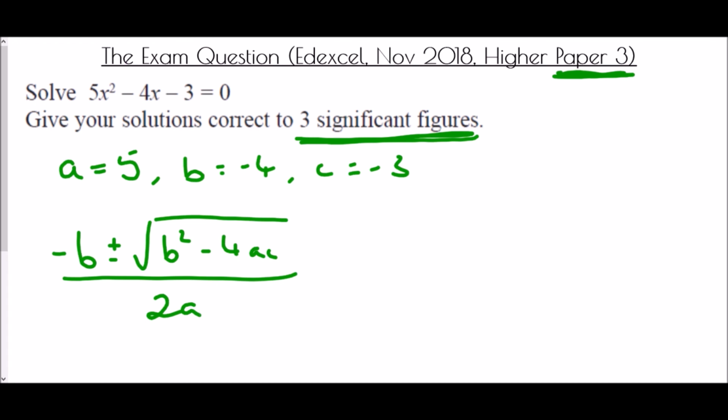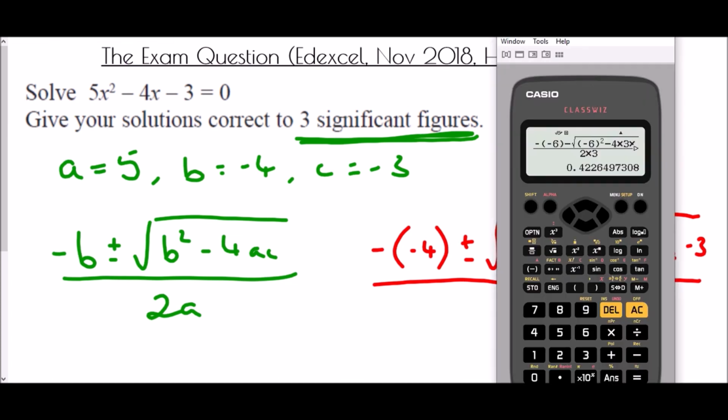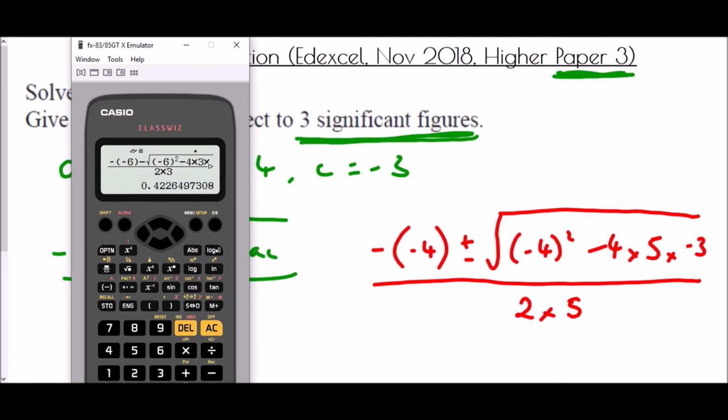And so let's feed each of those values in. So it's -b, so that is -(-4) plus or minus the square root. Again, it's -4 that is being squared. Take away 4 times 5 times -3. And that's all being divided by 2 lots of 5. And so again, grab the calculator and fit each of those in.